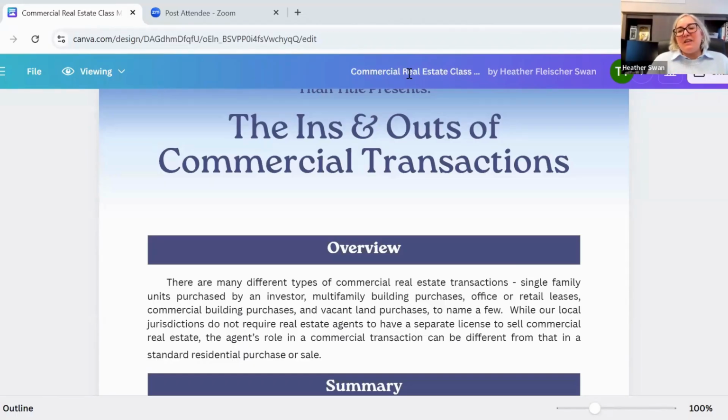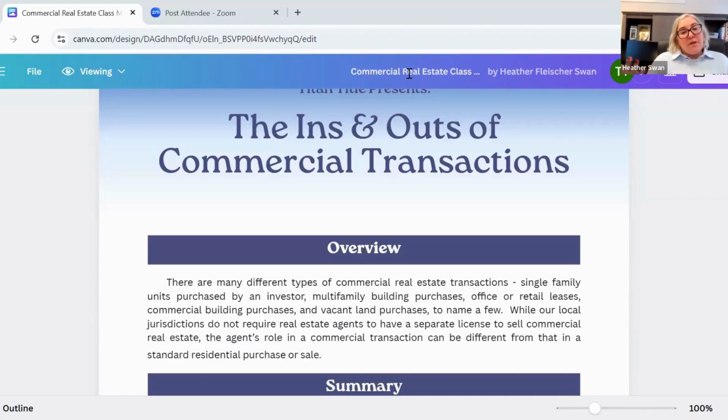And then finally, vacant land purchases. The vacant land purchases can be considered a commercial real estate purchase, depending on what the purchaser is using that property for. And that has a whole myriad of issues. It's a different type of contract. There are different types of due diligence going on with that and different issues to look for.